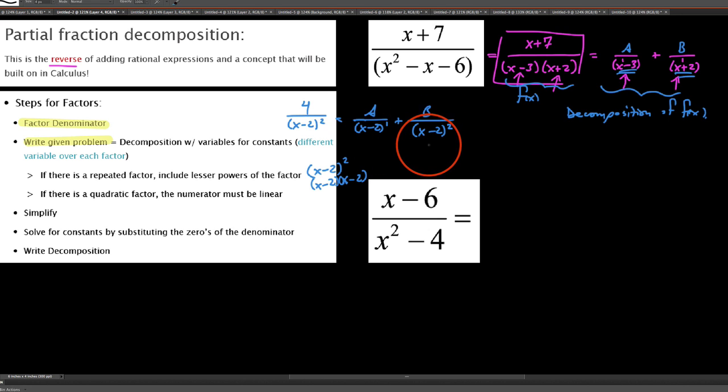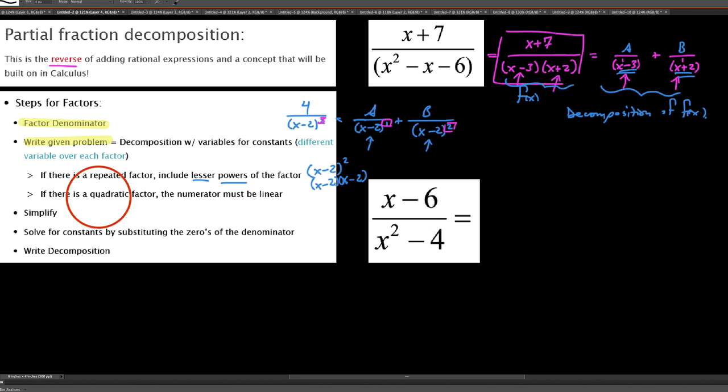And we have to represent the fact that this could be an x minus 2 to the second or an x minus 2 to the first, but we include lesser powers of the factor. So I include x minus 2 to the first as well as x minus 2 to the second. If this had been x minus 2 to the third, I would have put a denominator with x minus 2 to the first, x minus 2 to the second, and another fraction with x minus 2 to the third.